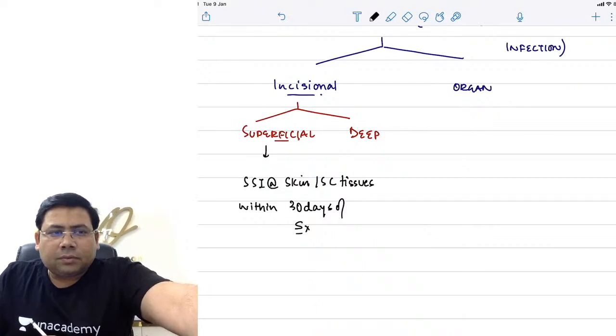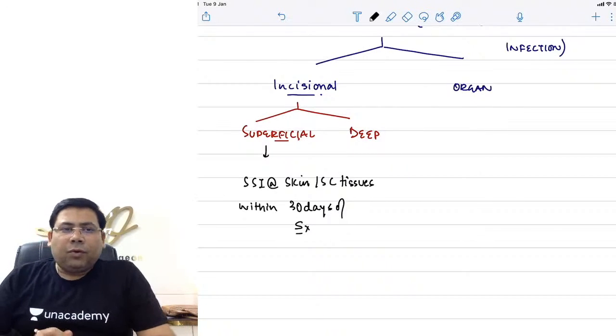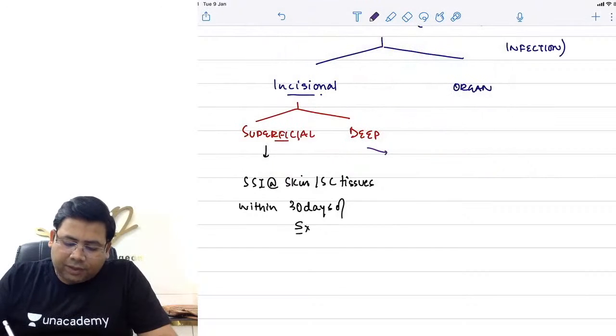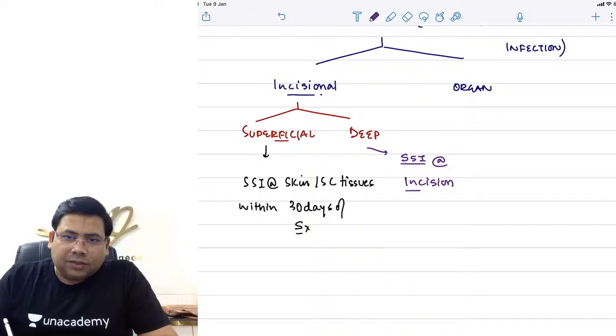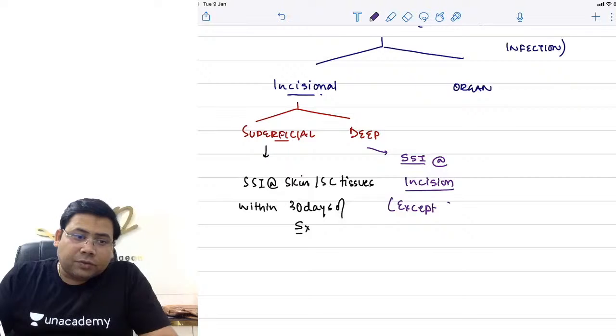Always remember this. The next is deep incisional SSI, defined as SSI along the incision except skin and subcutaneous tissue.